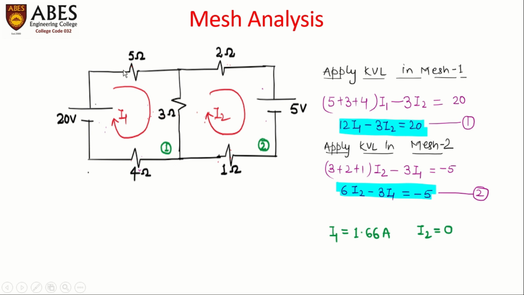Now you can see here the 5 ohm resistance consists only of I1, the 4 ohm resistance only I1, the 2 ohm resistance only I2, the 1 ohm resistance only I2, and the 3 ohm resistance consists of I1 minus I2 or I2 minus I1. The outer branch of the mesh consists only of the mesh current, and the common branch of the mesh consists of the algebraic sum of the currents that are associated with the common mesh.